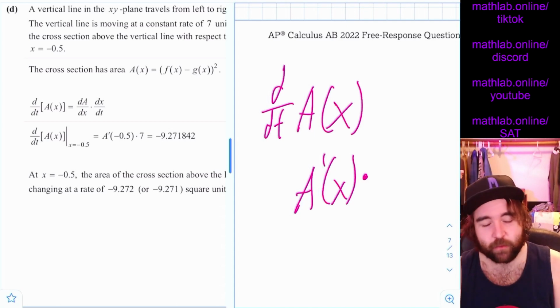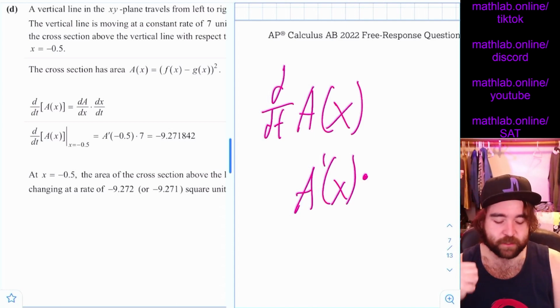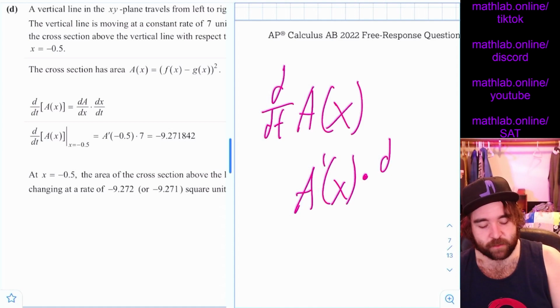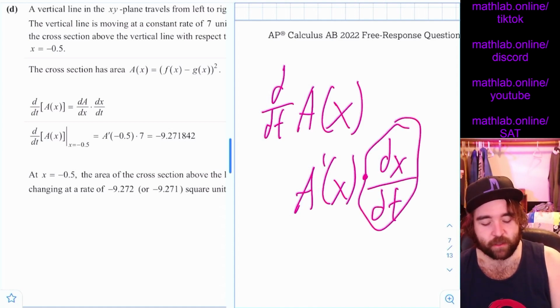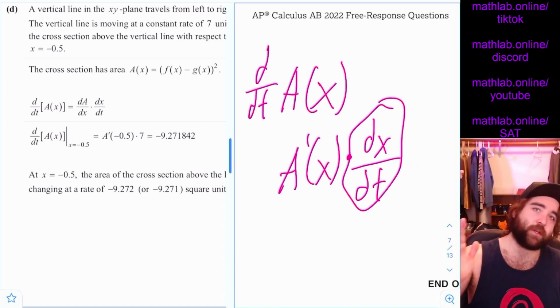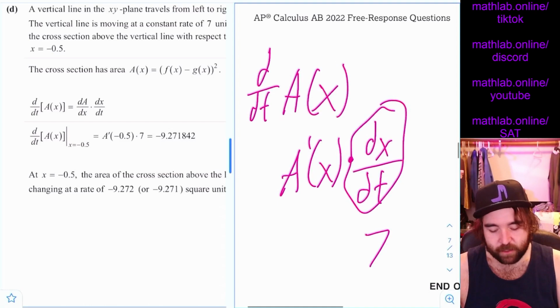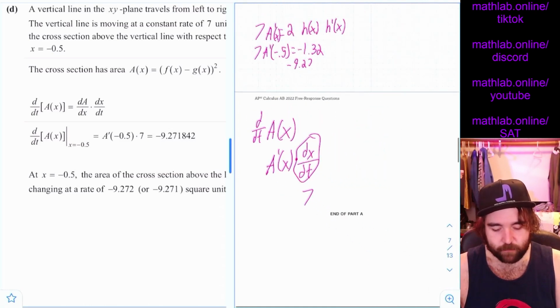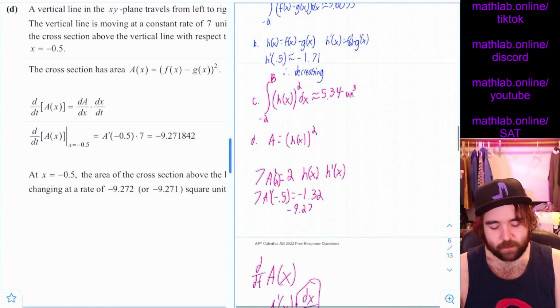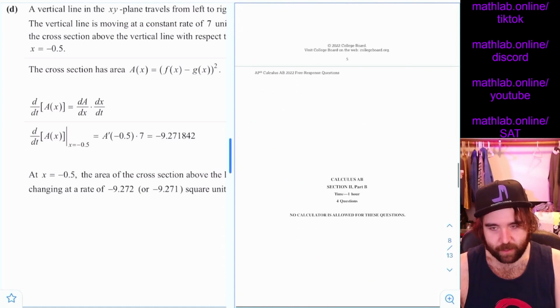So this is, we're taking the derivative of x with respect to t, so it's times dx dt. And then so right here, what is dx dt? That's how much the x value is changing per second. They told us that that was 7. So that's where the multiply by 7 is coming from. Ooh. Okay. I guess that makes sense.